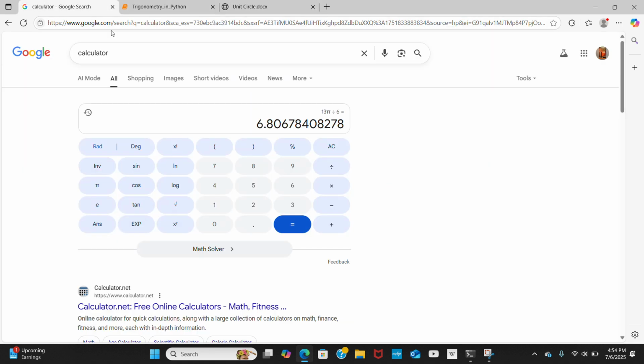Here we have to do the math, so we're going to do negative 1/2 divided by negative square root of 3 over 2. Please bear with me.